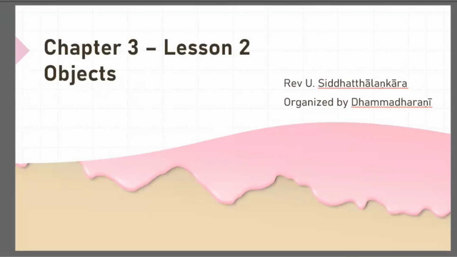Then we classify the Cittas with regards to their objects. In this chapter, this is the most important section. This is very, very important when we go to the next lessons.